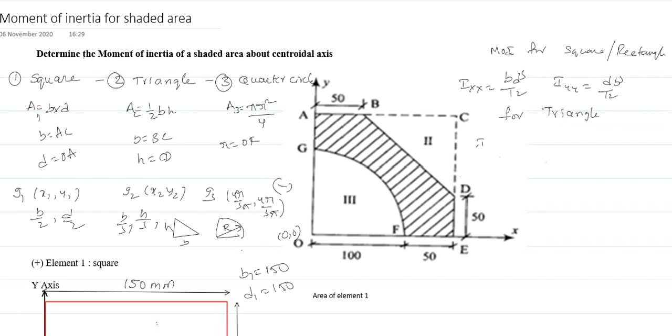Similarly, for a triangle, IXX is equal to b h cube by 36, and IYY is equal to h b cube by 36. Similarly, for a quarter circle, IXX is equal to IYY is equal to 0.055 r power 4. These are the formulas you must remember before going to solve the moment of inertia of the following sections.